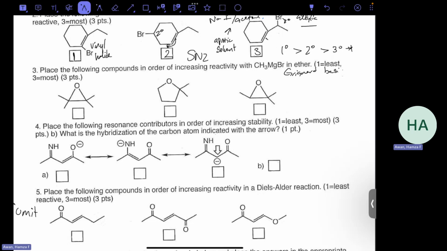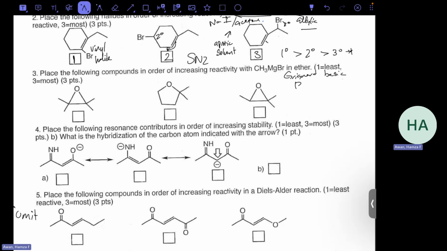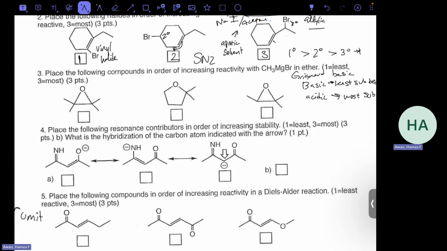So basic attacks the least substituted side, and acidic attacks the most substituted side. Because Grignard is basic, it's going to want to attack the least substituted side. We'll keep that in mind as we go through this problem.